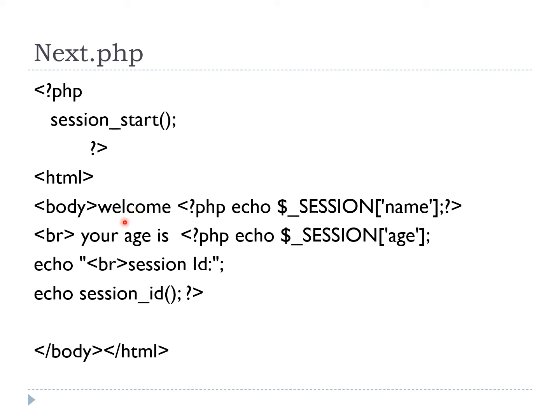So it produces a message like Welcome JAWS. Then the PHP tag is closed. BR is the HTML tag for line break. Then Your age is, again the PHP tag is opened, echo $_SESSION['age'], which contains the data 30. So Your age is 30 is displayed.